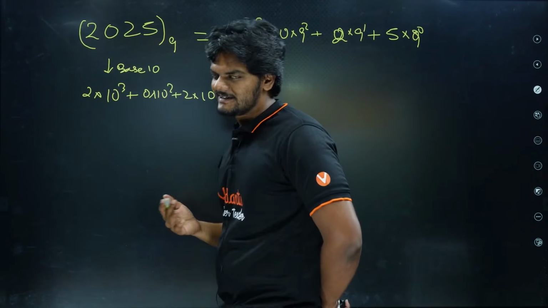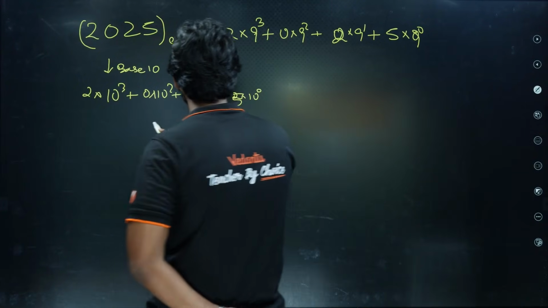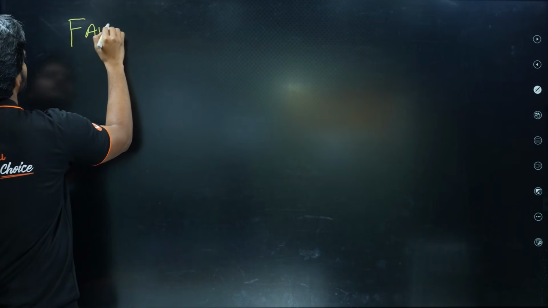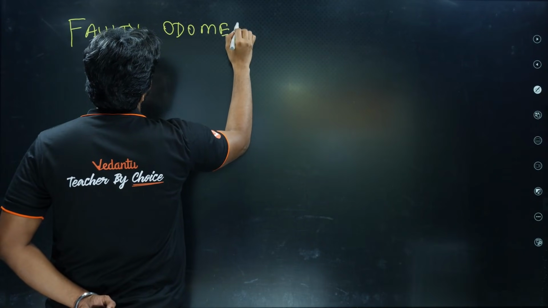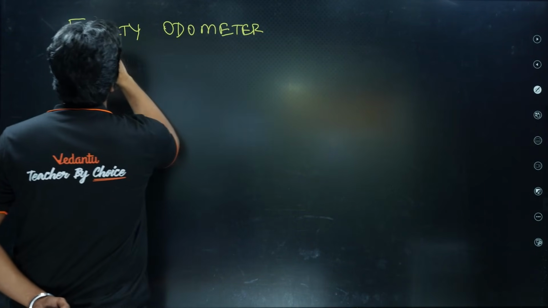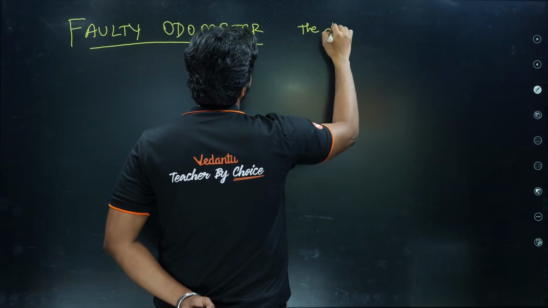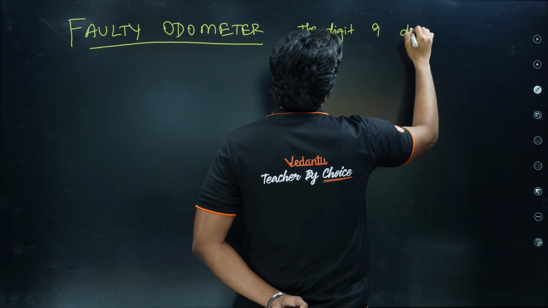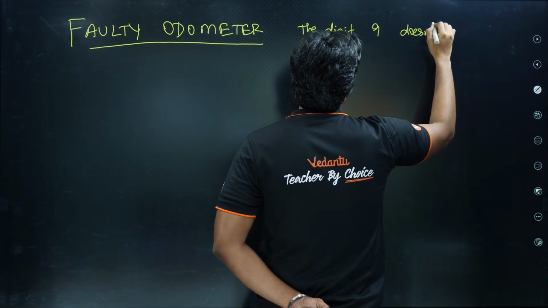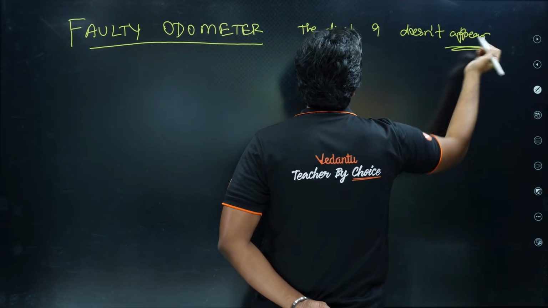So the faulty odometer question usually deals with an odometer where the digit 9 doesn't appear, right?